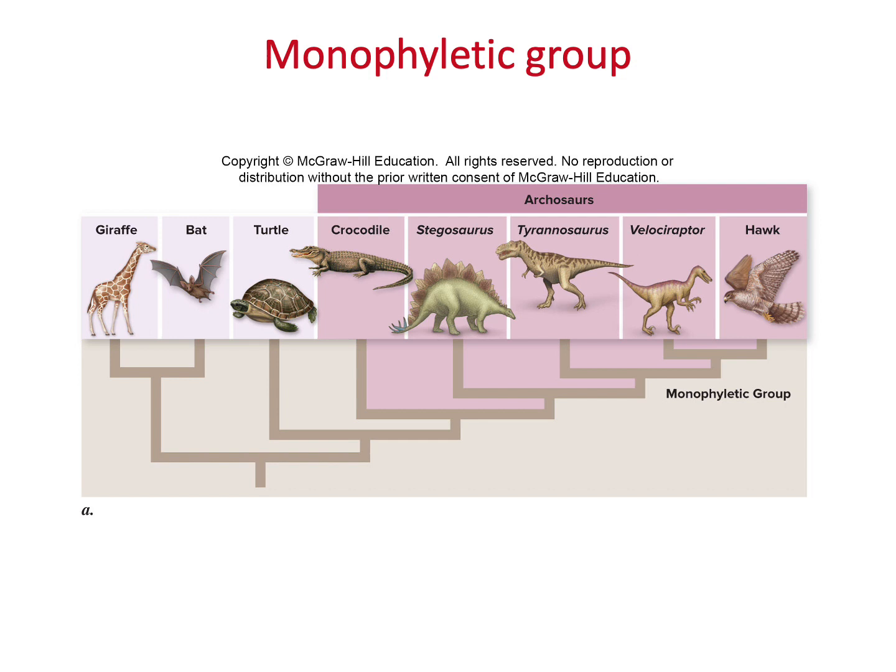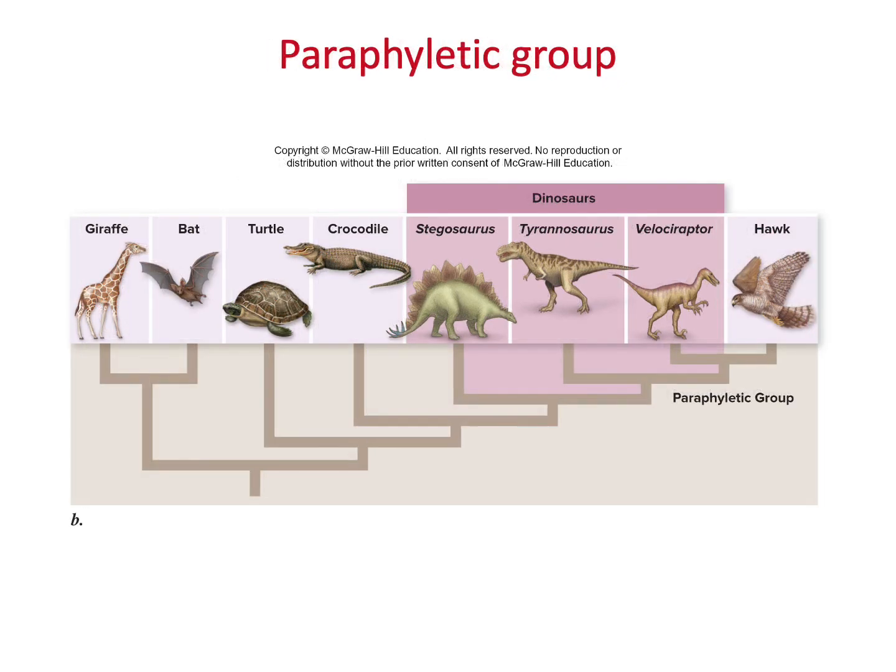In this Archaeosaurus clade here is a monophyletic clade. In a paraphyletic clade, you can see this paraphyletic clade has not included all of its descendants, which excluded here the hawk. This is called a paraphyletic group. It does include the most recent common ancestor but not all of its descendants.